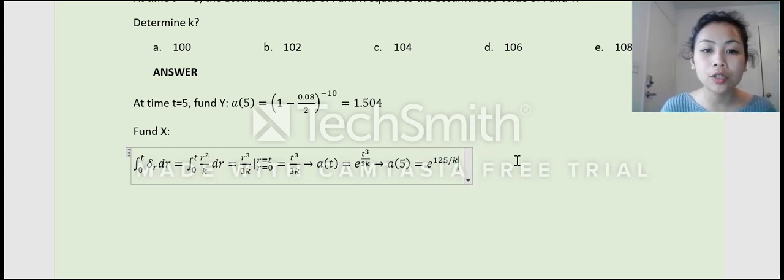And because these two funds have the same accumulated value at time 5, this is equal to 1.504.